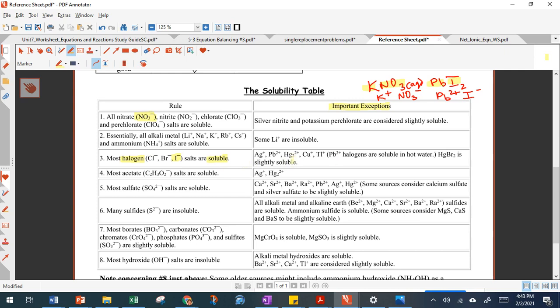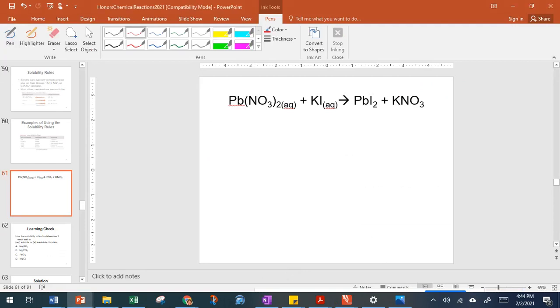It says exceptions are lead. This means since it's an exception, it's going to be the opposite. It's not going to be soluble. It's going to be insoluble. So that means that this one is a solid. So it's a precipitate.